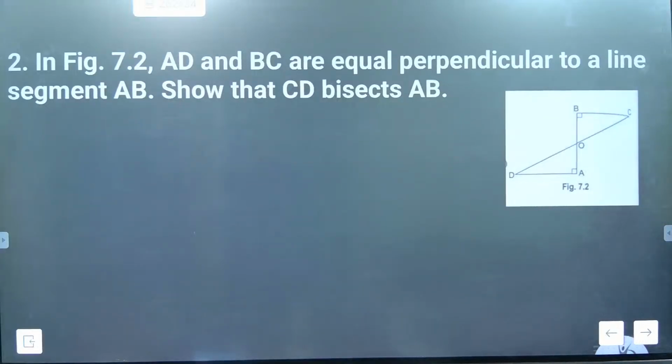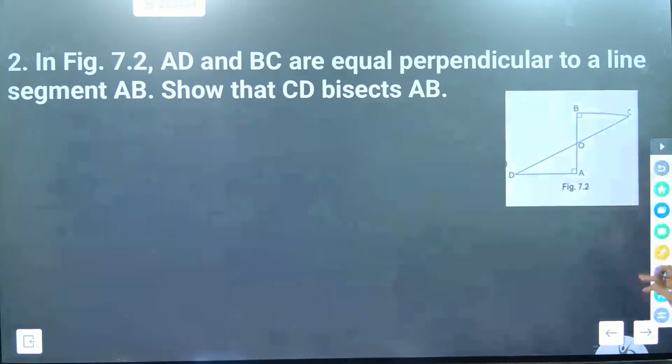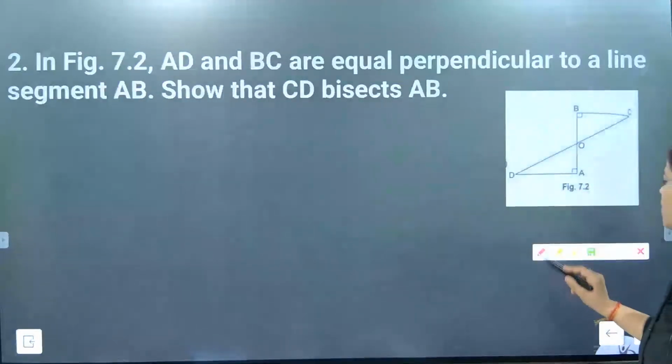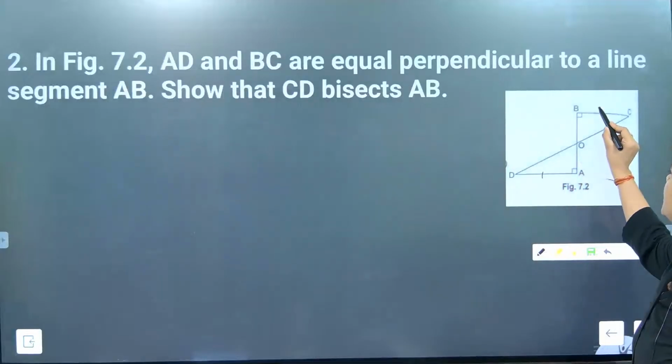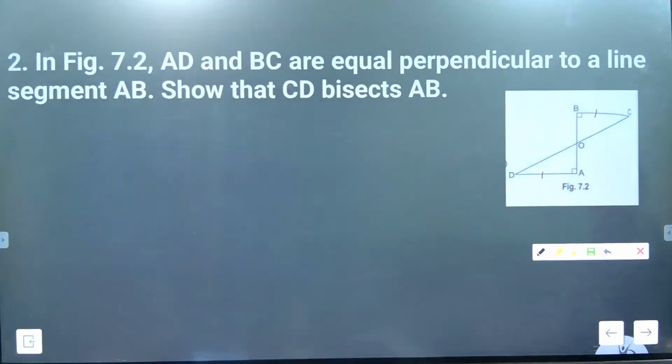In figure 7.2, AD and BC are equal. If we look at this figure, the first thing they have given is AD is equal to BC. These two sides are equal, and this is 90 and this is 90. AD and BC are equal and perpendicular to the line segment AB.